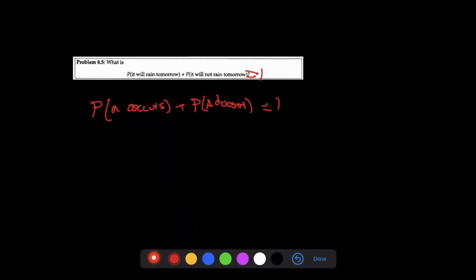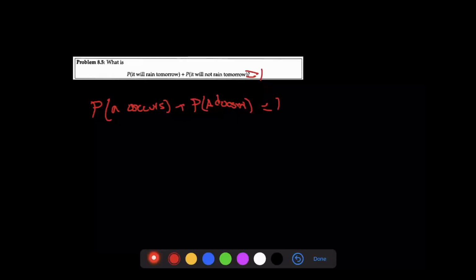Usually this is kind of useless by itself, but if you write it in the way: probability of A doesn't occur is equal to 1 minus the probability of A occurring. These are called complementary probabilities. Often, it's easier to calculate the probability of something not occurring than it is to calculate the probability of something occurring.